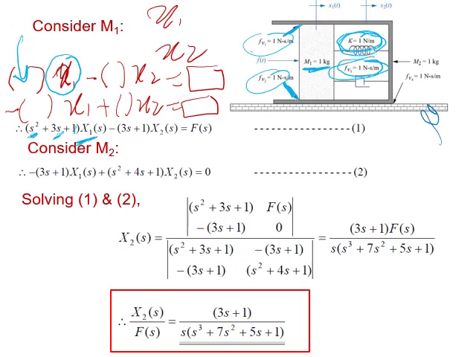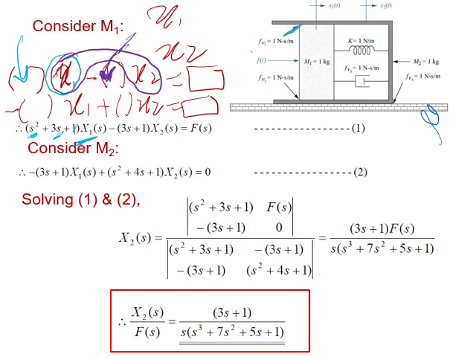Let us go to the impedances connected here in this bracket. We are going to put the impedances connecting x1 to x2. What is connecting x1 to x2? If you look carefully, between x1 and x2, there is one impedance here, FV1, one impedance here, FV2, that's the friction or the damping effect, another damping effect here, and another spring.